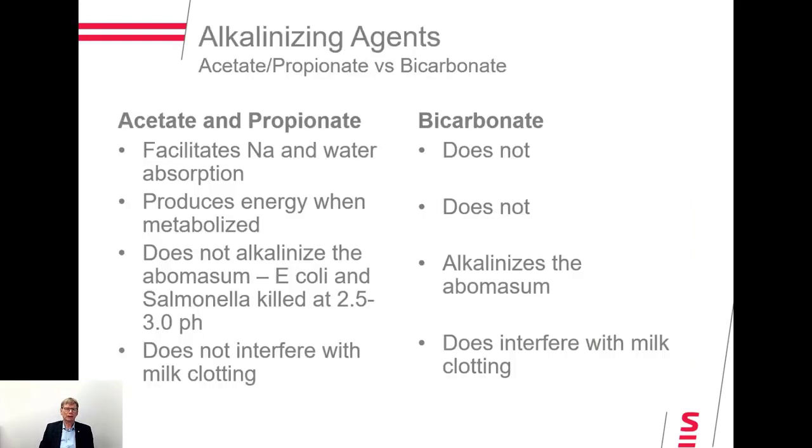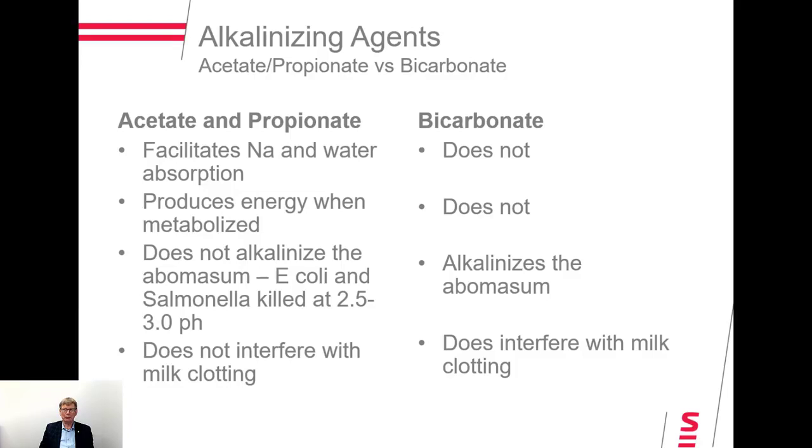I have here the acetate and propionate as the alkalinizing agents of choice and bicarbonate on the right. You'll see when you go down that acetate and propionate help getting the sodium and water in. They produce energy when metabolized, and they don't alkalinize the abomasum.